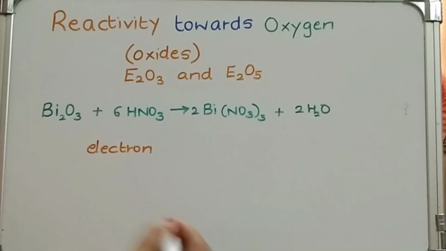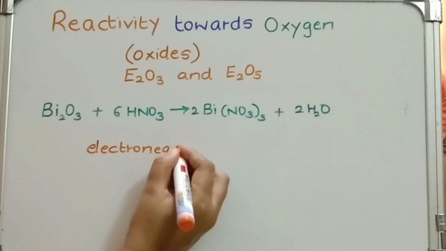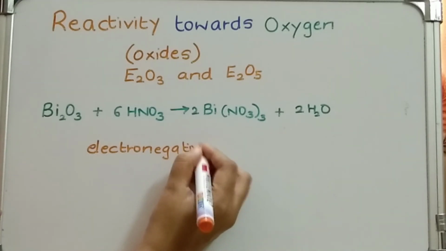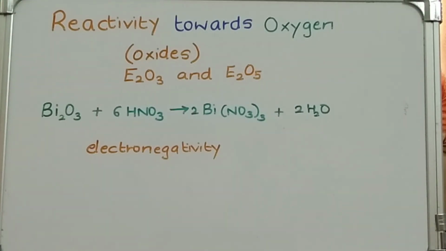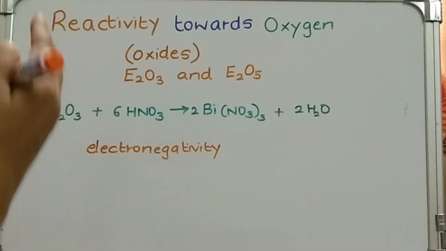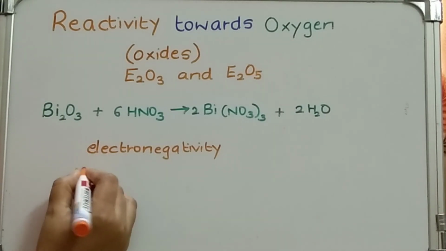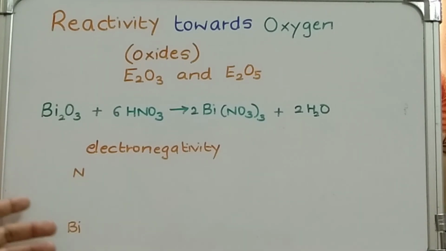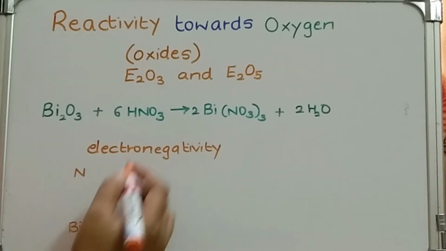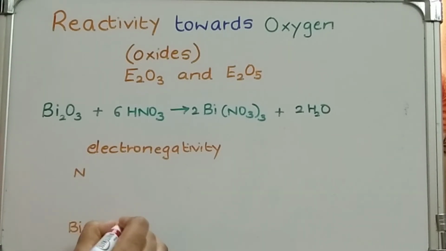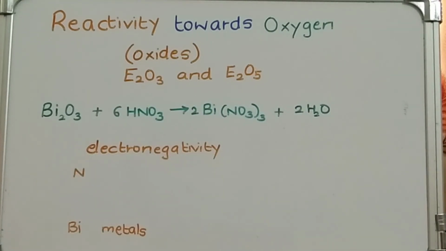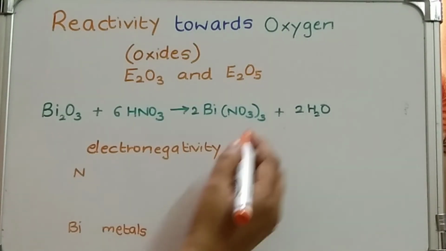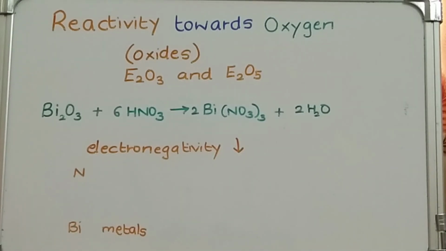As we move down the group from nitrogen to bismuth, nitrogen is a non-metal and bismuth is a metal. Metals are electropositive, so as we move down the group, electronegativity decreases.